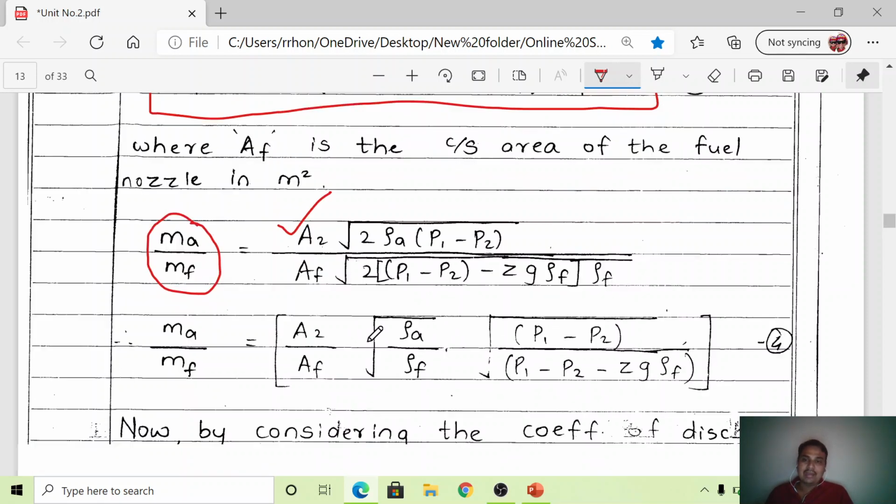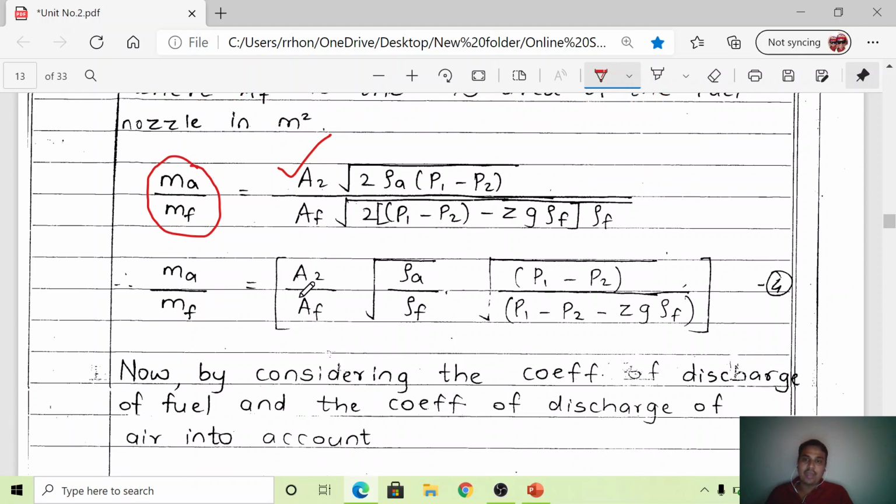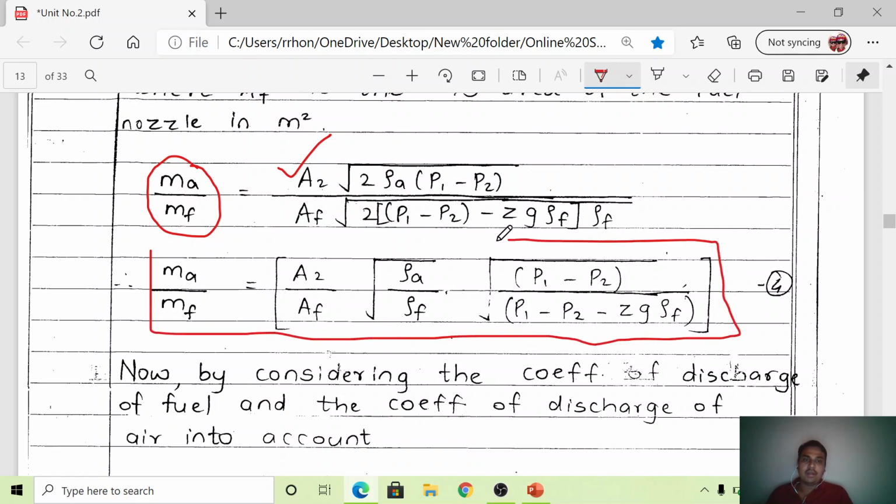So again simplified the equation: this A2 by AF write separately, then rho A by rho F under root sign write separately, and the remaining equation under root of (P1 minus P2) divided by (P1 minus P2 minus ZG rho F). So the same equation I have written over here in simplified manner, and give equation number 4. So this is again equation number 4 for this particular mass of air to the mass of fuel.